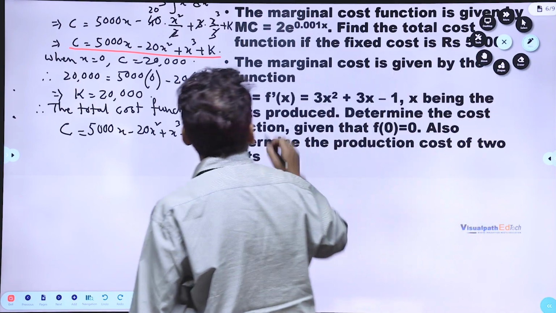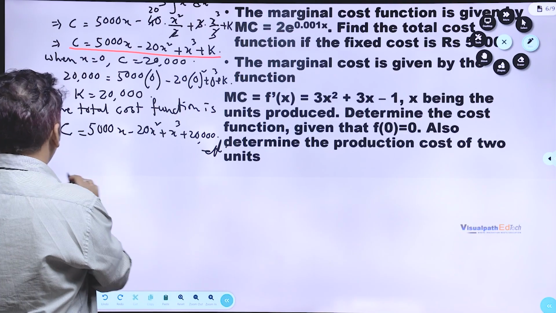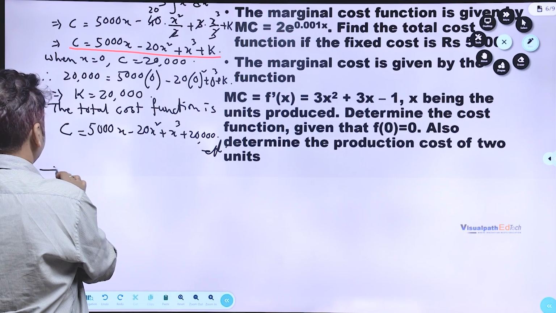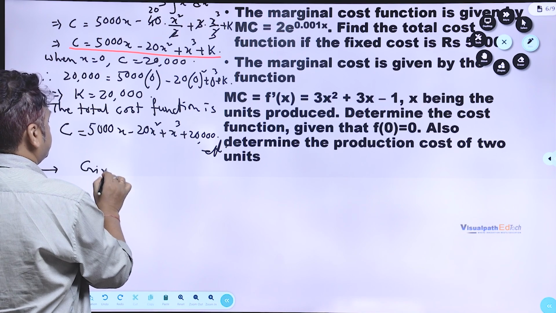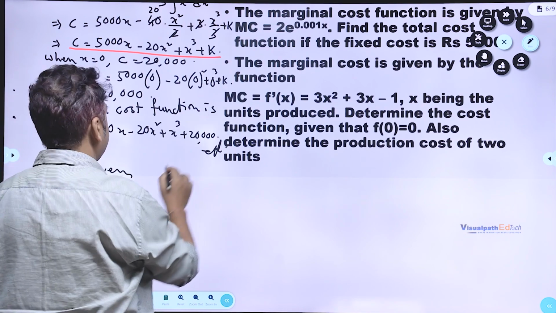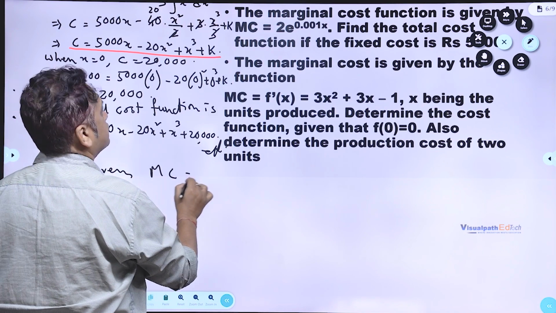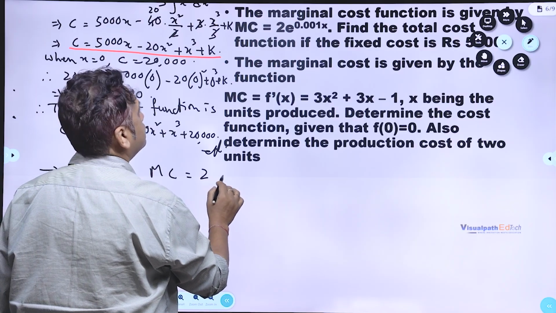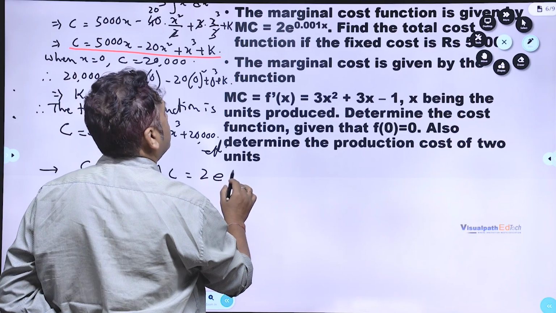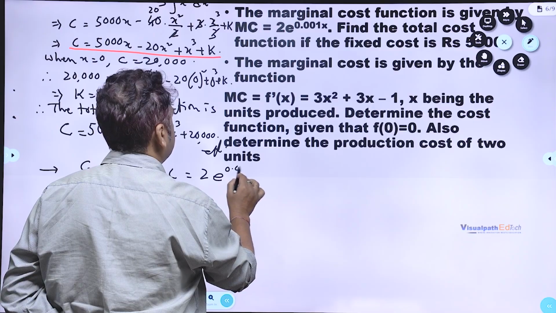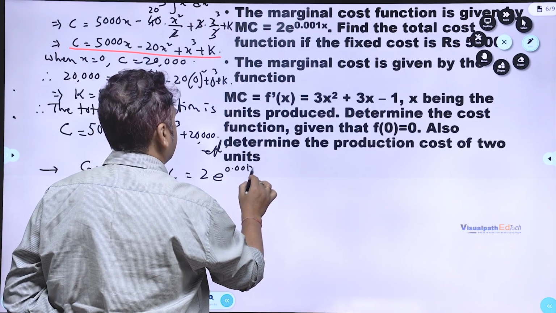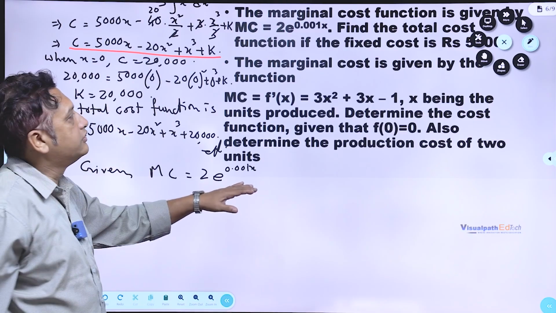All right. So we are given now the second sum. MC is equal to 2 into e to the power 0.001x. So this is the MC given. Okay.